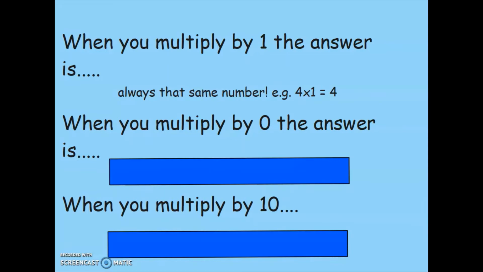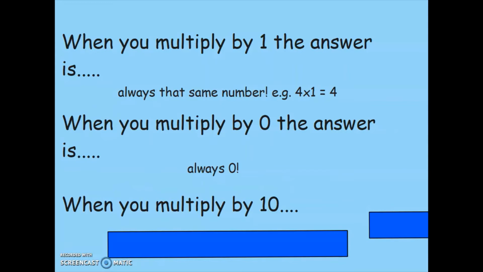Nice and easy. What about when you multiply by 0? Any ideas? The answer is always 0. So, for example, 10 times 0 would be 0. 52 times 0 would be 0. 162 times 0 would be 0.